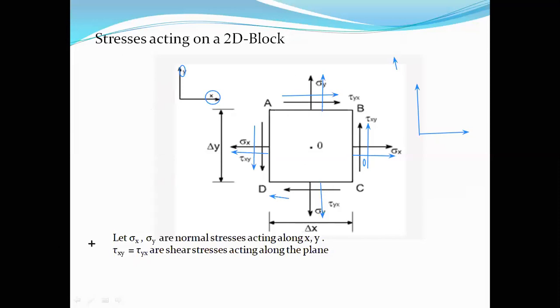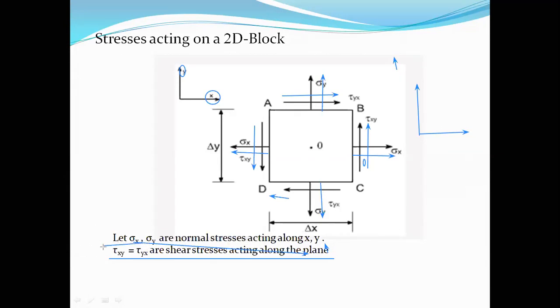In this case, sigma x and sigma y are the normal stresses acting along x and y, whereas tau xy and tau yx are the shear stresses acting along the different planes. Generally, the value of tau xy is equal to tau yx.